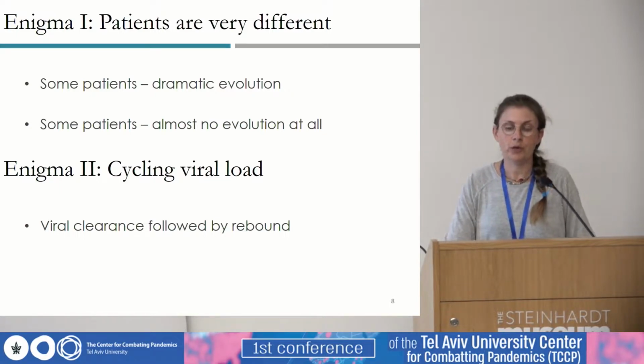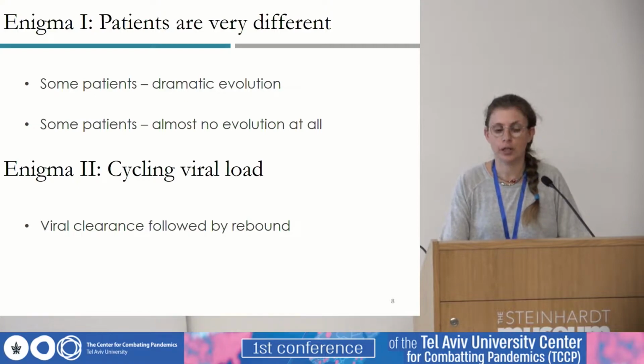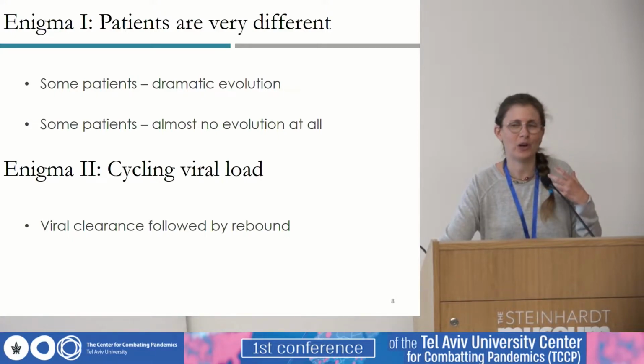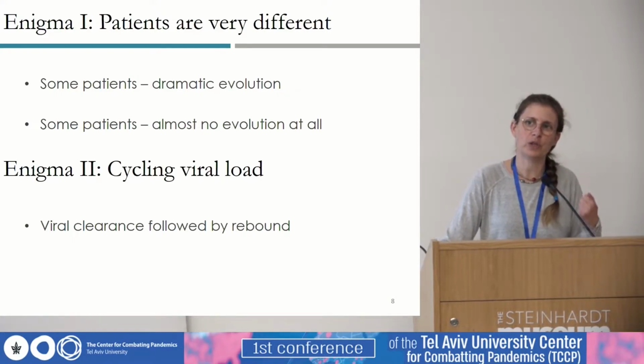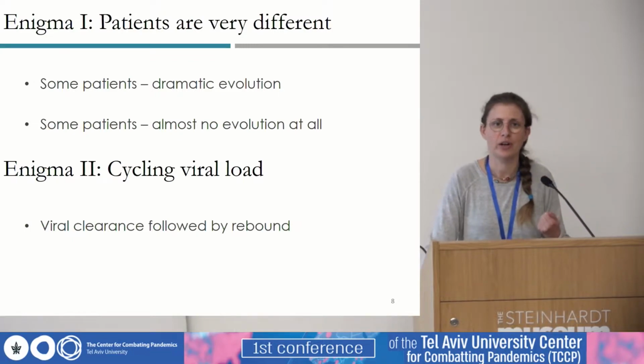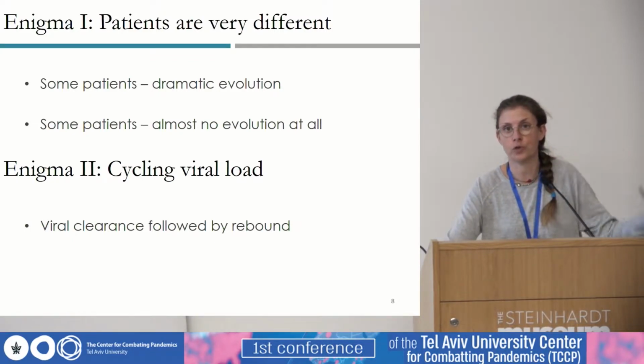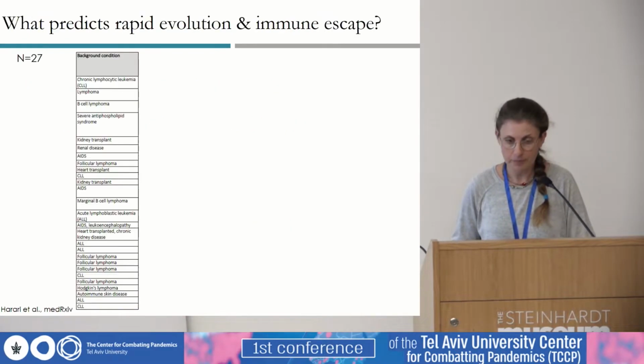We really couldn't understand what exactly is going on in these patients, and this was clearly of clinical concern. Because if these patients are being released and the virus is still there, this is of course very risky, both for their own sake and for the sake of the surroundings.